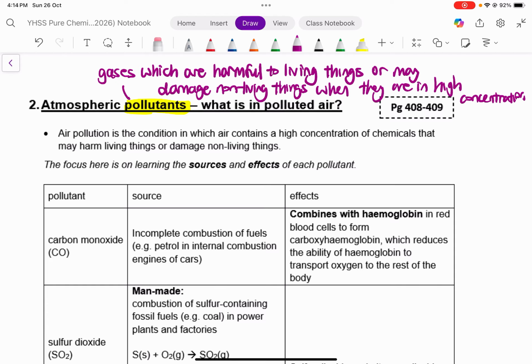So the idea is these are gases which are definitely harmful to the health of the living things, or they may be damaging to the environment out there when they are in very high concentrations in the air. Now, these are atmospheric pollutants.